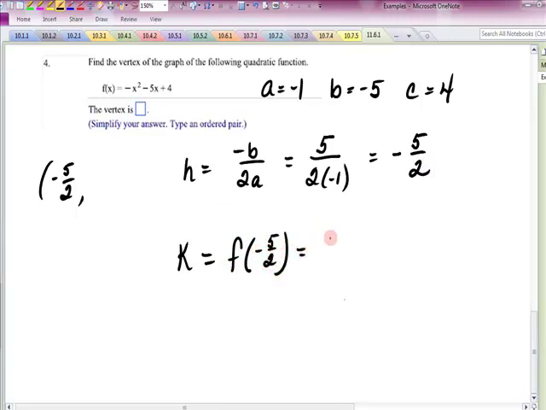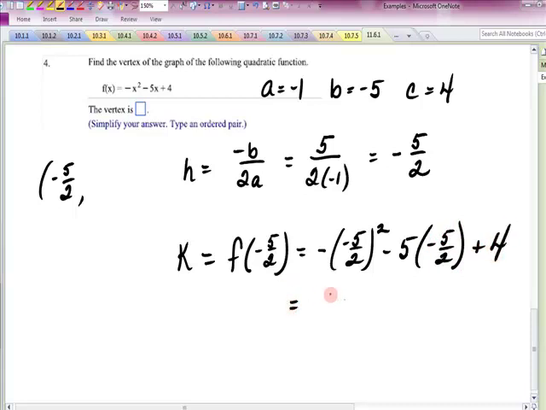That's going to give me the opposite of negative 5 over 2 squared minus 5 times negative 5 over 2 plus 4. When I square a negative, I get a positive, but this I multiply by implied negative 1, so I get negative 25 over 4.